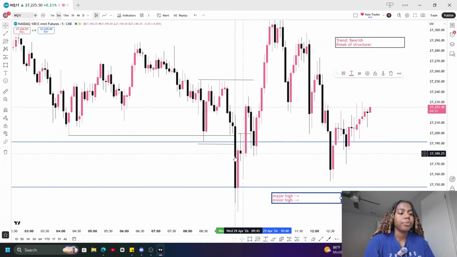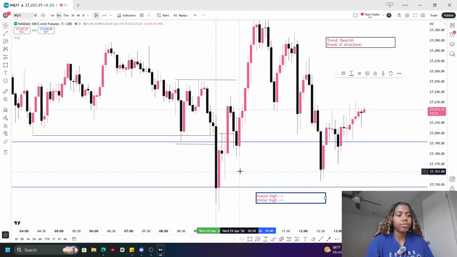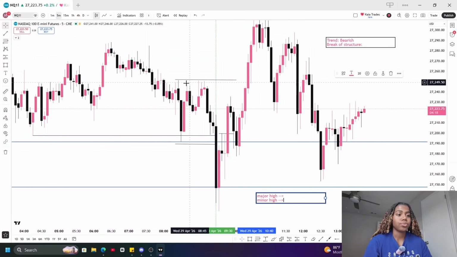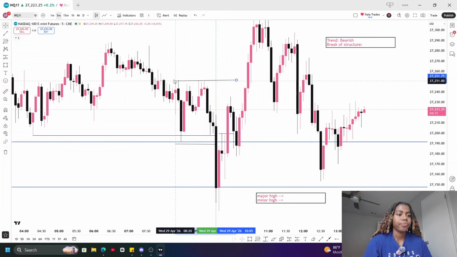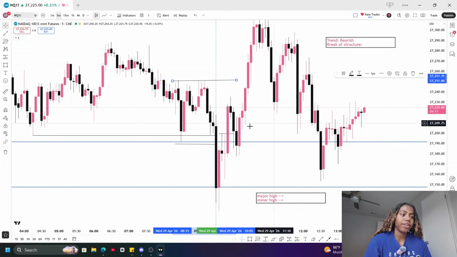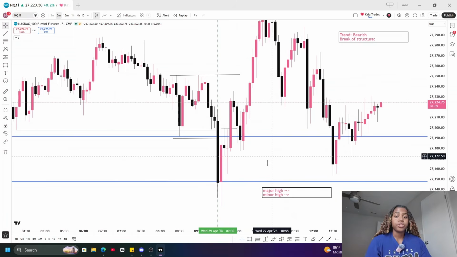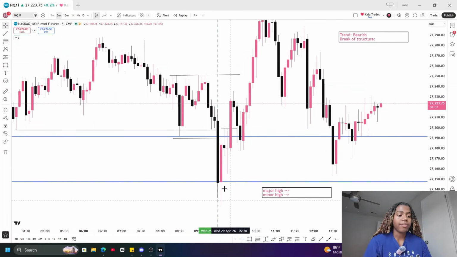The minor high would be just the next black candle rather than the actual swing high of the market. So though we could have waited for price to break this and then create another zone, we wanted to play a good play right off of this support zone. So we waited for price to break structure here.